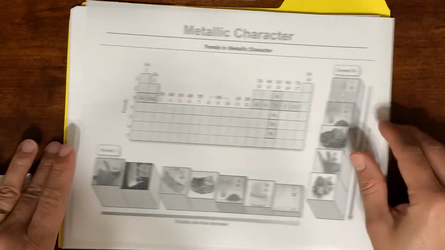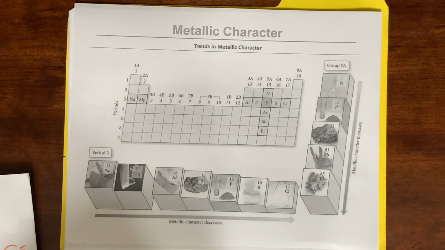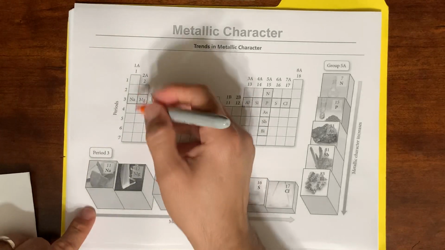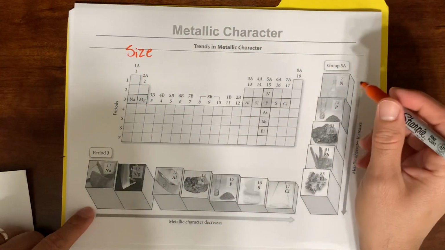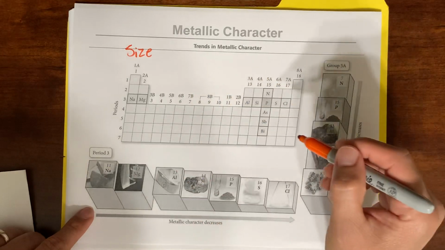And here, metallic character will follow the size trend. Okay? Metallic character will follow the size trend. So group 1 has the biggest size in any period.